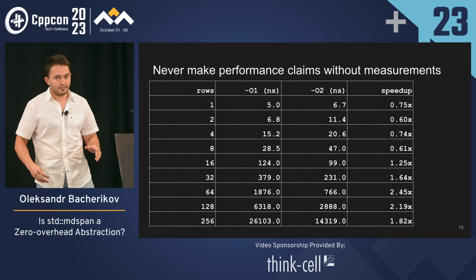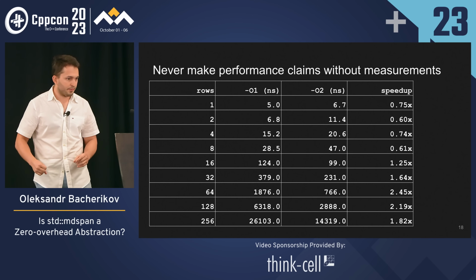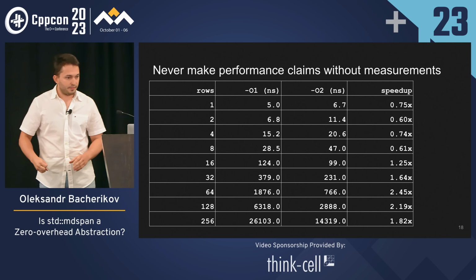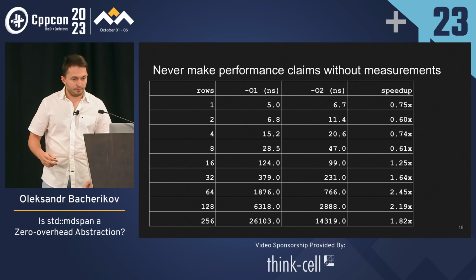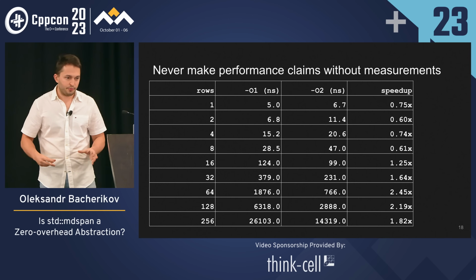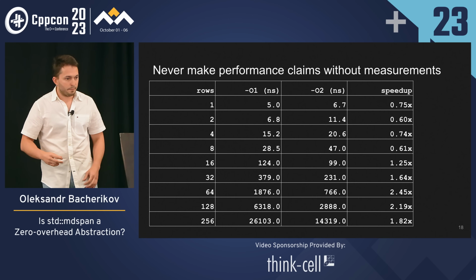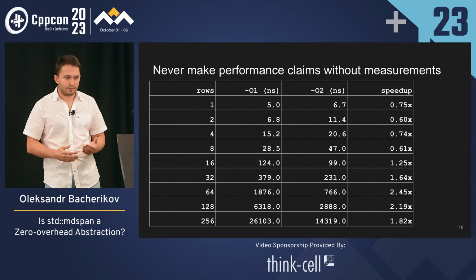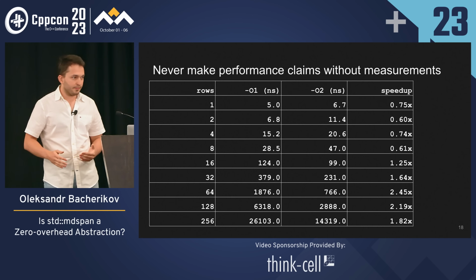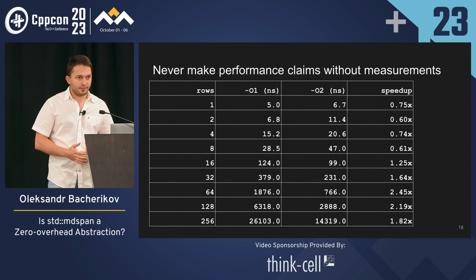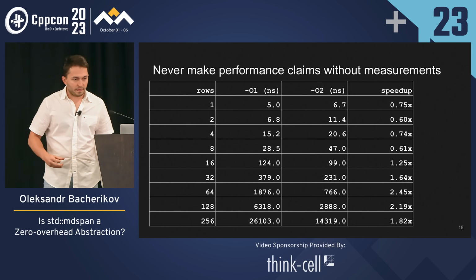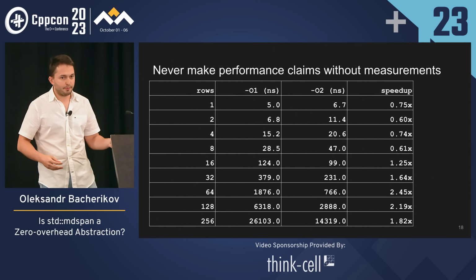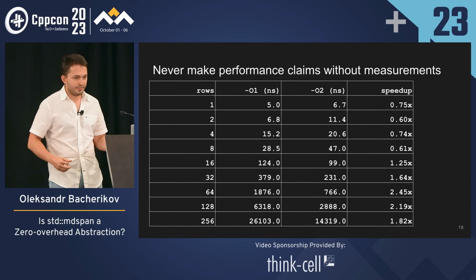So I took just square matrices with growing number of rows. And we see that for O2, we actually gain about 2x performance on larger sizes. But for small sizes, we actually have worse performance. And this is also quite reasonable to expect, because there are too few elements to even apply vectorization on them.